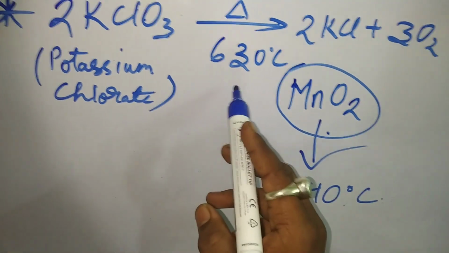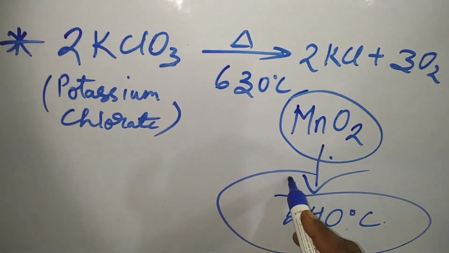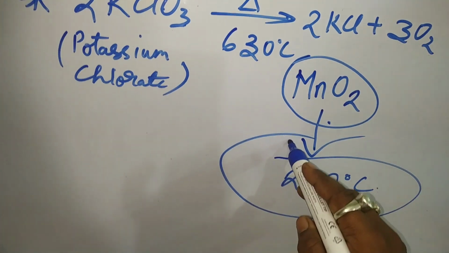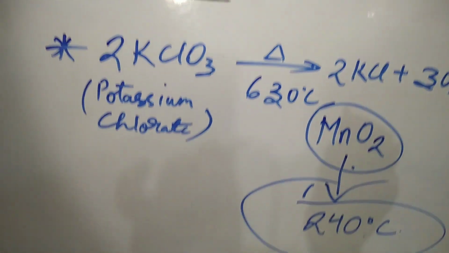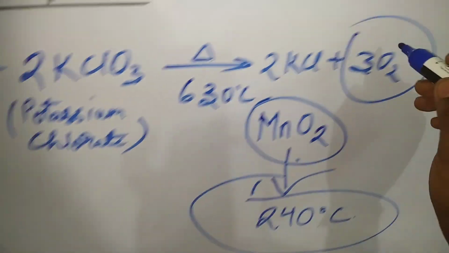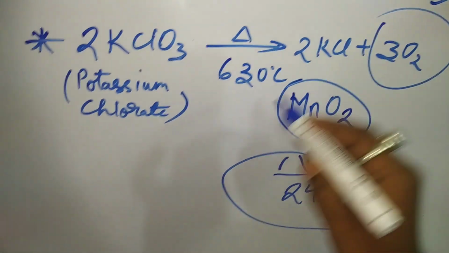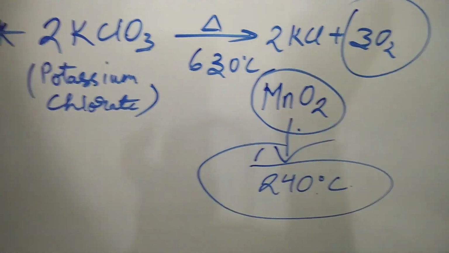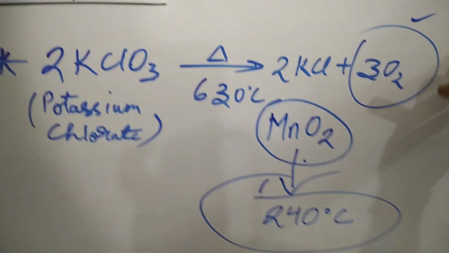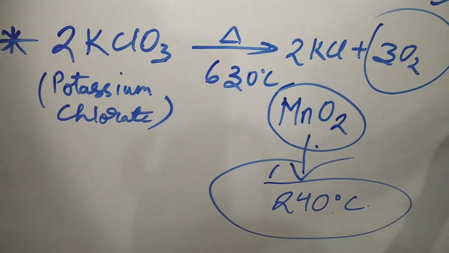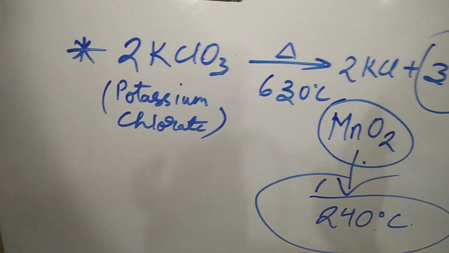Imagine, 630 °C and 240 °C is a huge difference, and it is then useful for the chemist for the preparation of oxygen. Now understand the funda of a single compound, that is a catalyst, for preparing this oxygen, as well as many other reactions where we use catalysts. It is a simple reaction that I showed you.